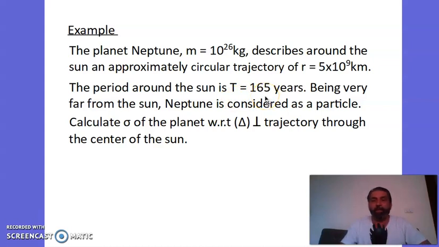So if your age on Earth is 165 years, then your age on Neptune is 1 year if you live there. Being very far from the sun, Neptune is considered as a particle. Calculate sigma of the planet, I mean Neptune, with respect to delta, perpendicular to the trajectory through the center of the sun. Okay, let's start.